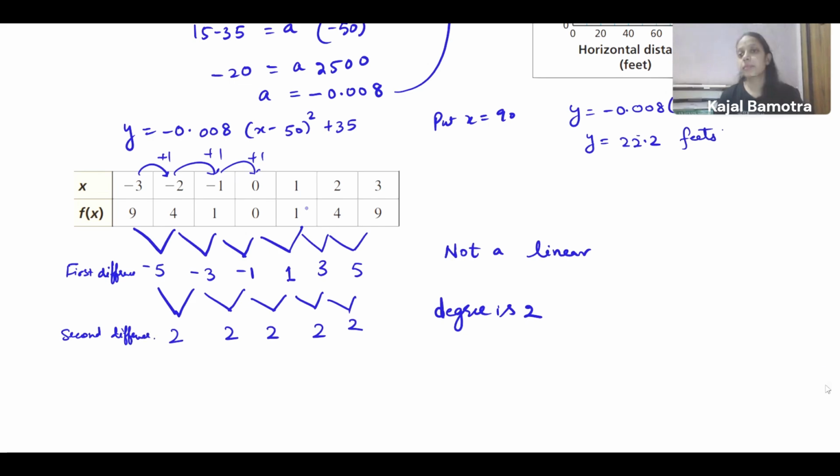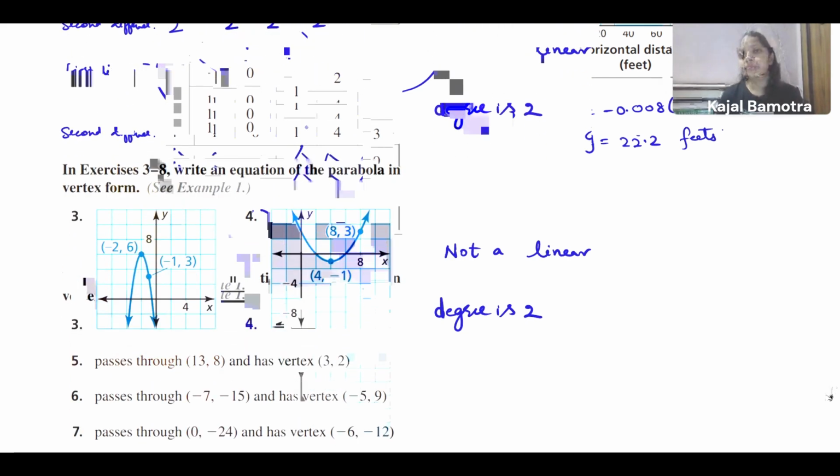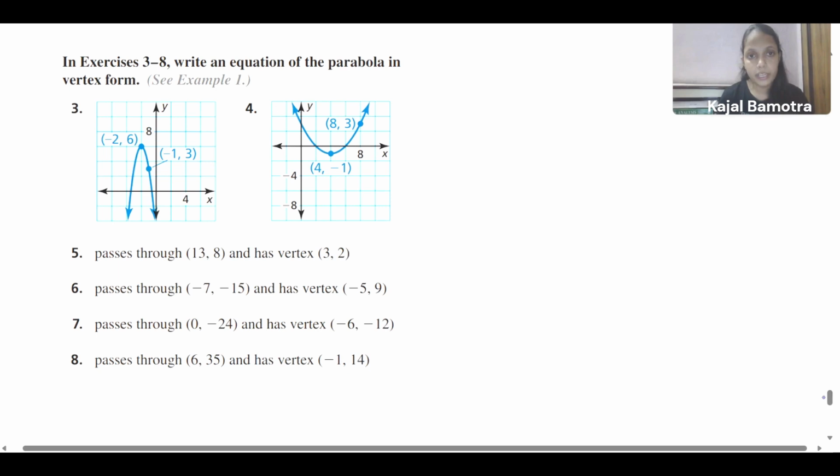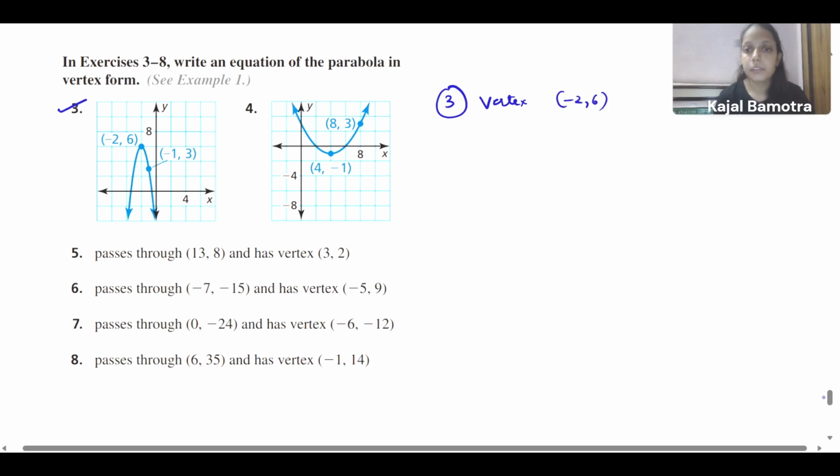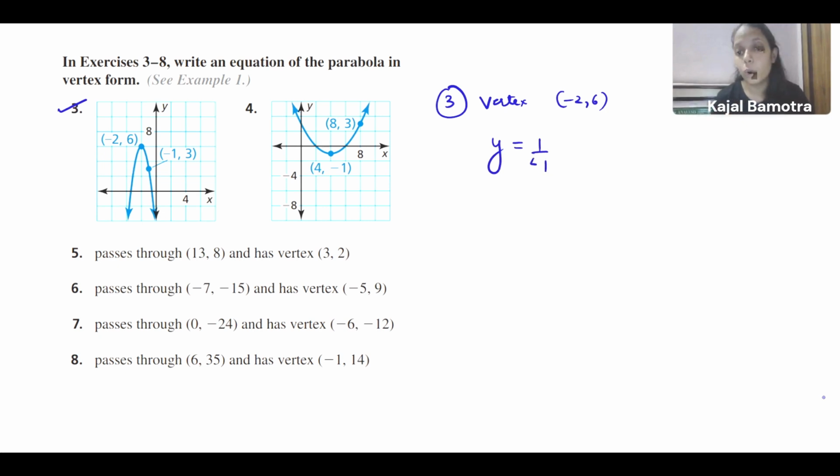Okay, next we are provided with this, we have to write the equation of parabola in vertex form. Let's try question number 3. In question number 3, vertex is given as minus 2 comma 6. So substitute in the formula, y, because it's a vertical axis, y equals 1 over 4p.